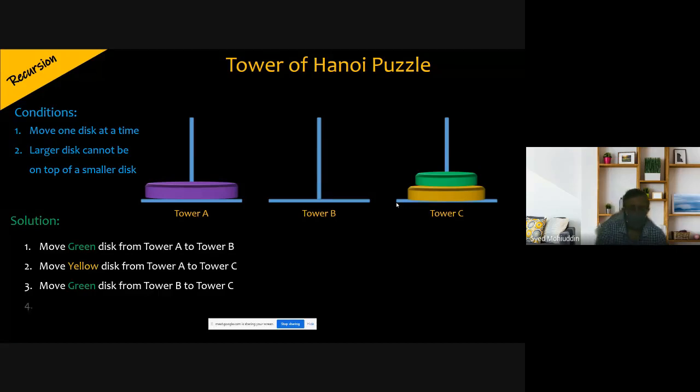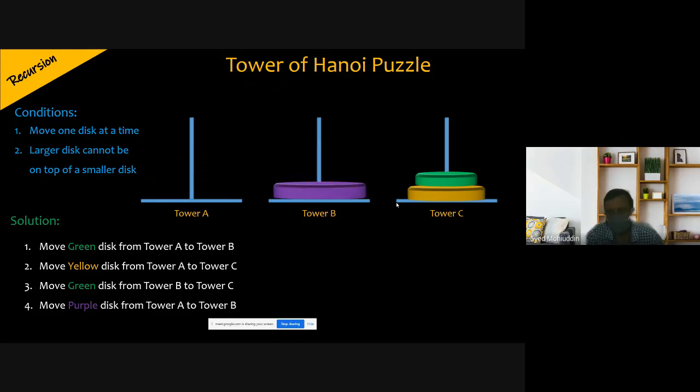And now we can move the largest disk, that is the purple disk, from Tower A to Tower B. So to move the largest disk, we have three disks, the largest is the third disk. To move the third disk, we had to move two disks, that is the first and second disk, to Tower C, and then move the largest disk.